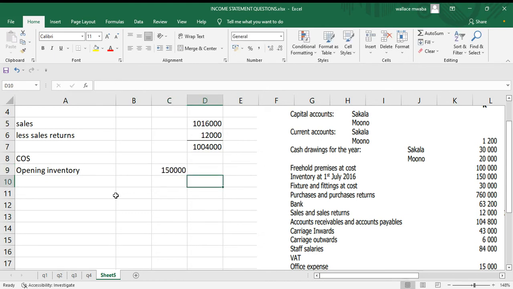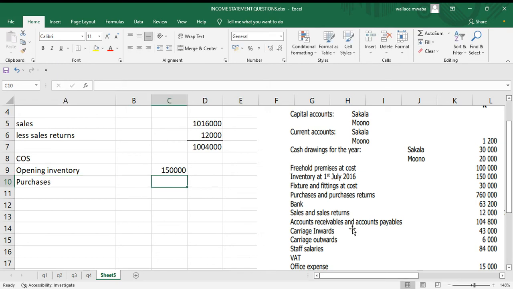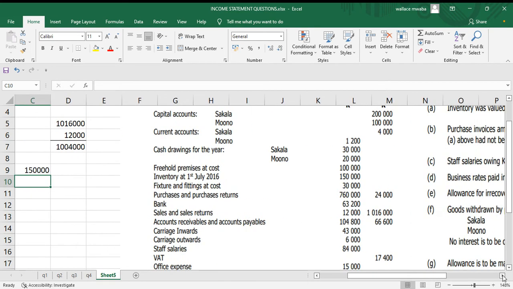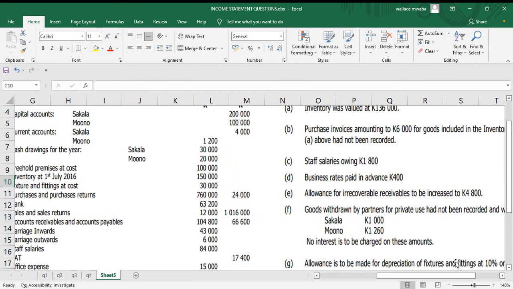So we're going to put here 150,000. Next, we're going to go to our purchases. Now, remember, Sakala and Mono took out goods from the business. Sakala took goods worth 1,000. Mono took goods worth 1,260.